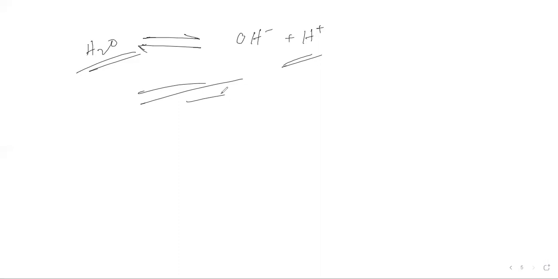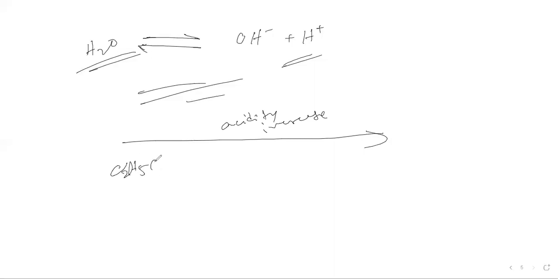So if we compare and write their acidity in a diagram, from left to right, acidity increases. It would be something like this. Initially it is C2H5OH, which is our ethanol.